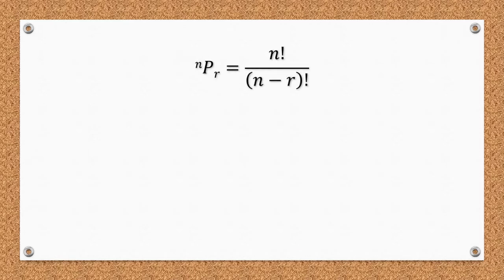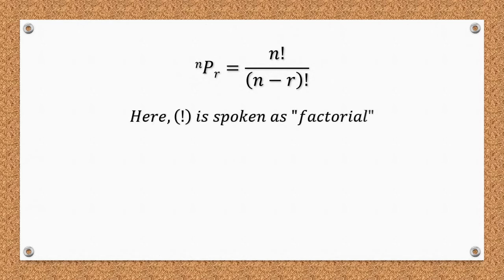The permutation formula is n, and that exclamation mark is spoken as factorial, so n factorial divided by n minus r factorial. So the nPr formula is n factorial divided by n minus r factorial.